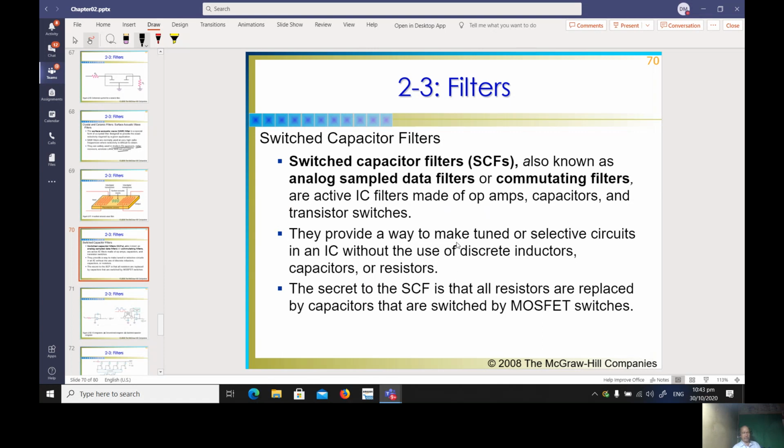They provide a way to tune selectivity. That is why we have FM in cellphones, because they are made of switch capacitor filters. Resistors are replaced by capacitors switched by MOSFET. That is MOSFET technology replacing the passive components.